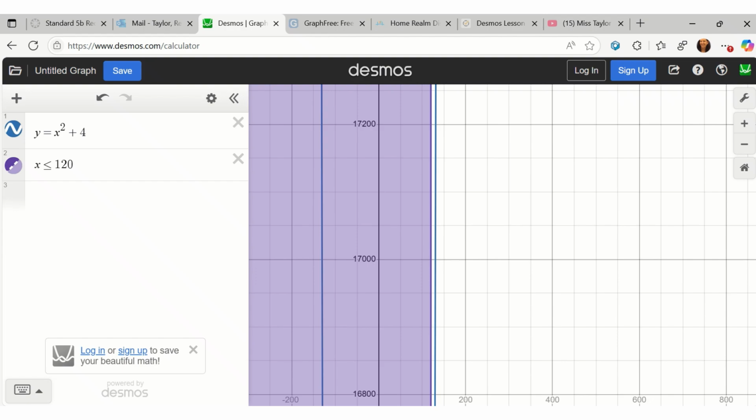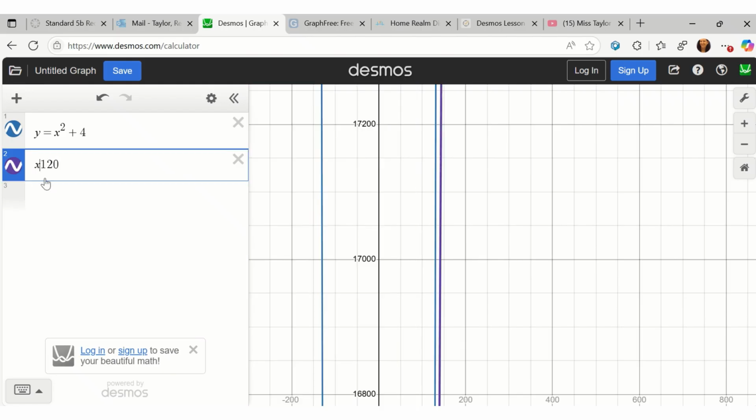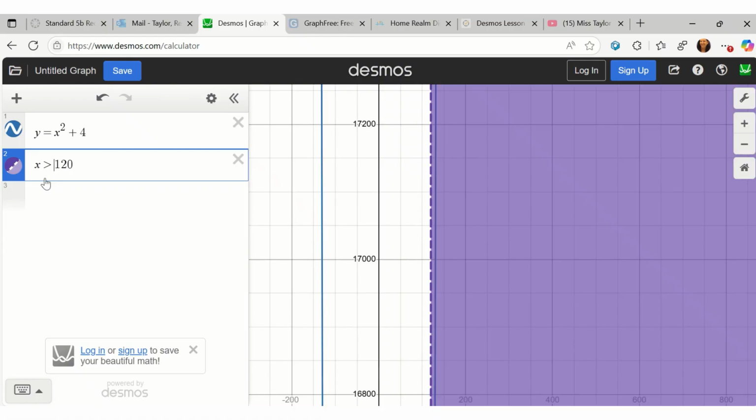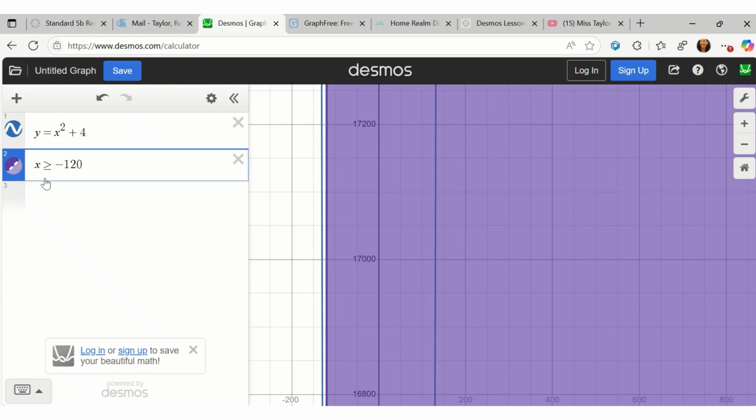Now, I could also play this game on the other side of the parabola. Let's go in the other direction. We want greater than or equal to negative 120. We could keep playing that game.